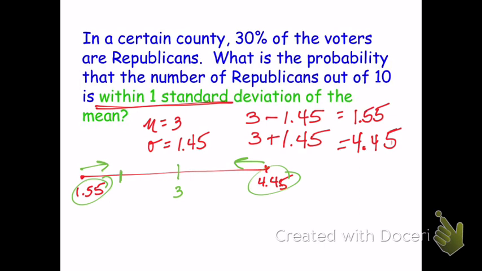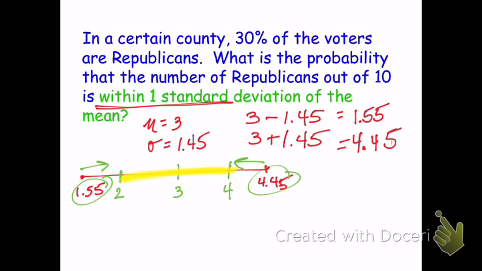So I'm going to round up to 2 and I'm going to round down to 4. So I'm always rounding inward, and it's basically saying what is the probability that it's between 2 and 4.